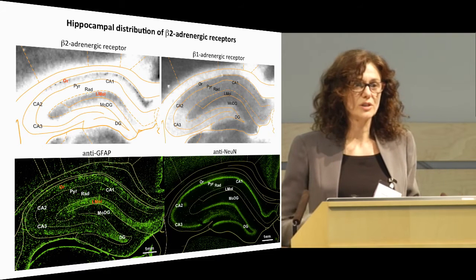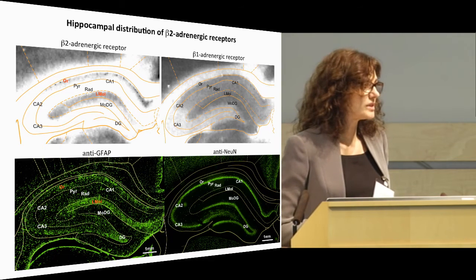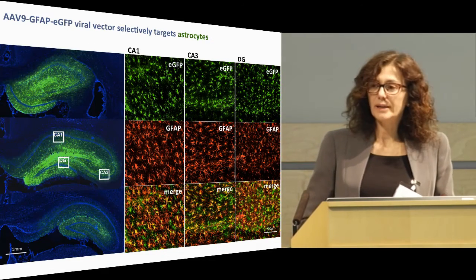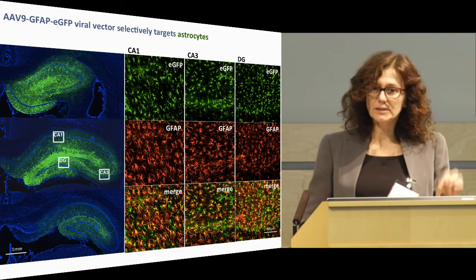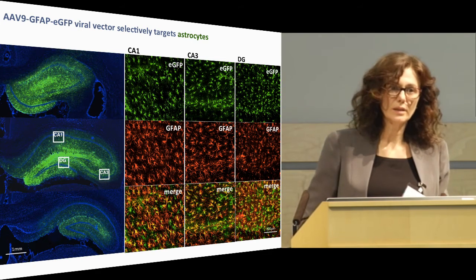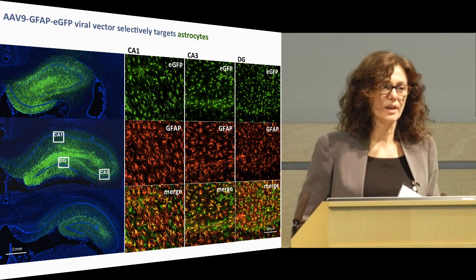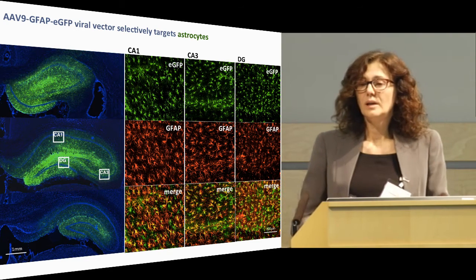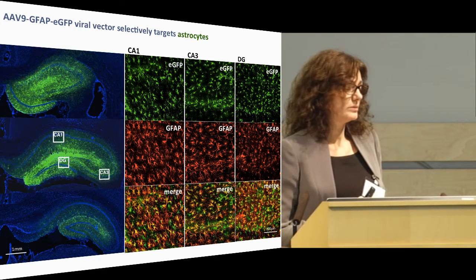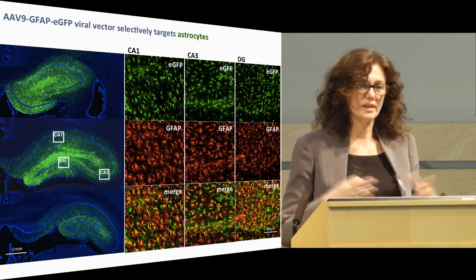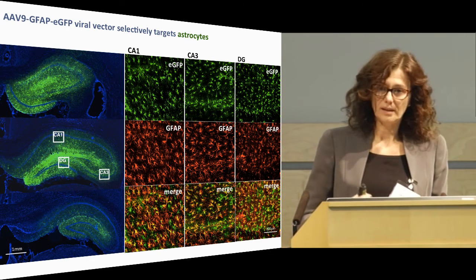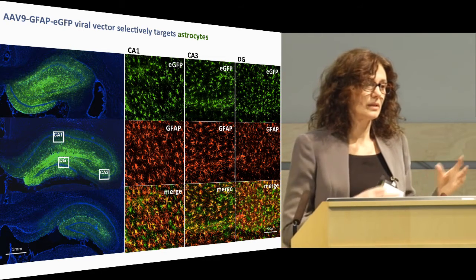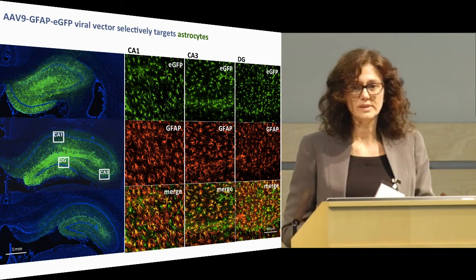And again, there is some suggestion in the literature that beta-2 adrenergic receptors are mostly on astrocytes and not neurons. So she went on and decided to selectively knock down the expression of beta-2 either in astrocytes or in neurons, using viruses that express sequences that will knock down beta-2 receptor expression, so shRNA silencing or antisense, under specific promoters that are expressed selectively in either astrocytes or neurons.